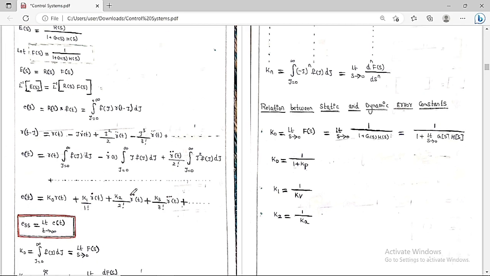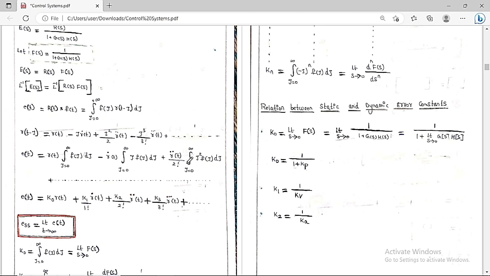So now what I am going to do, I am going to assume this value is nothing but k naught. So k naught into r of t plus. This value I am going to assume is k1 by 1 factorial, so k1 by 1 factorial into r dash of t plus.